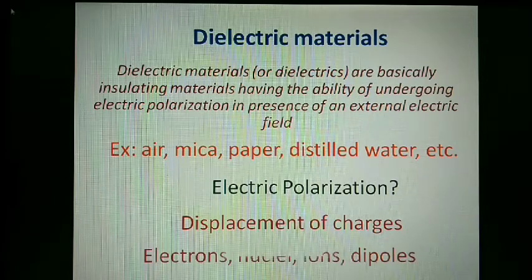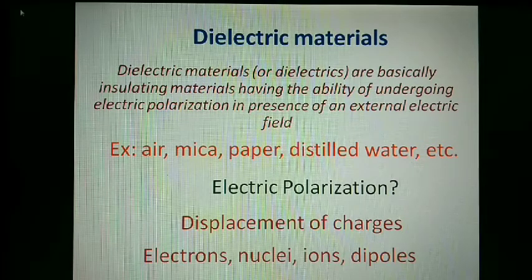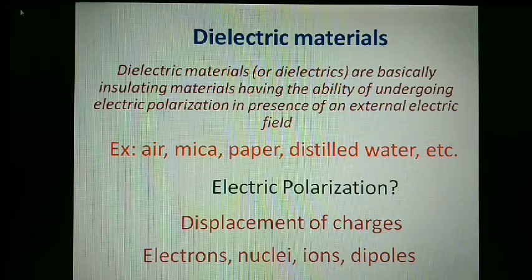Now this can be understood in a better way if I take the example of a capacitor. We all know that the capacitor has metal plates which are in parallel arrangement separated by a distance, and that capacitor is provided with a dielectric material also.